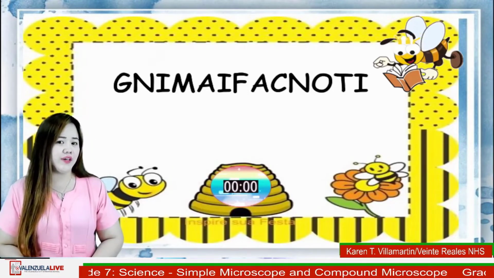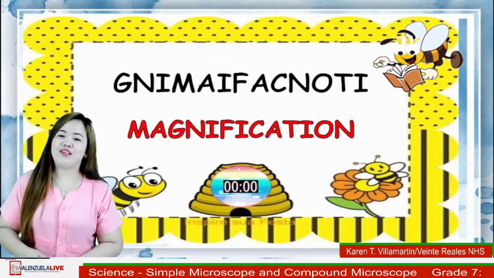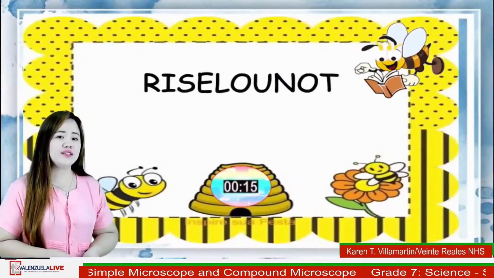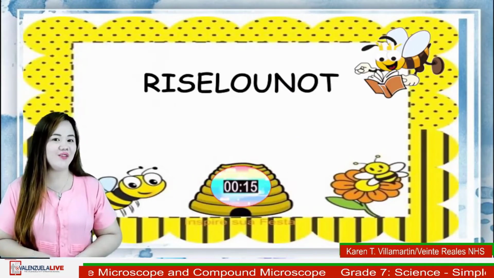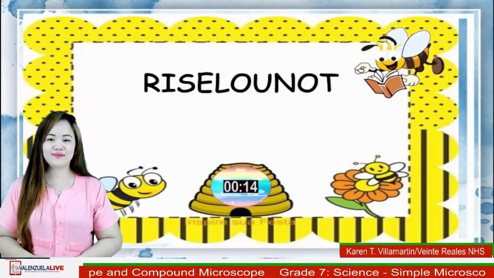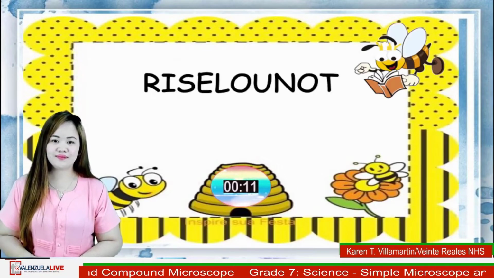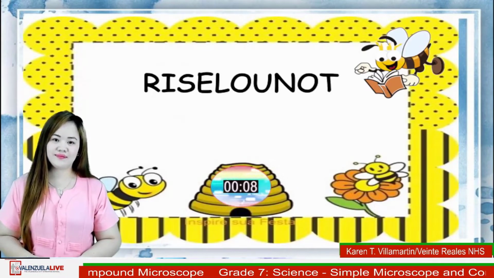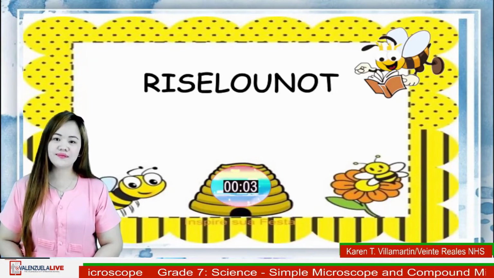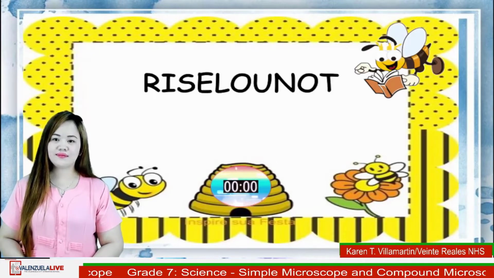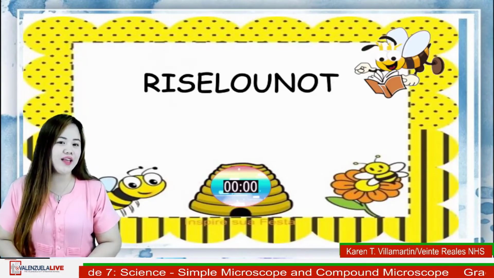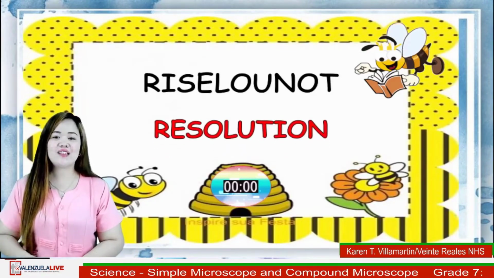What is the correct word? Very good. Magnification. Next jumbled letters. You can start now. Okay, your 15 seconds is up. What is your answer? Nice. Resolution.